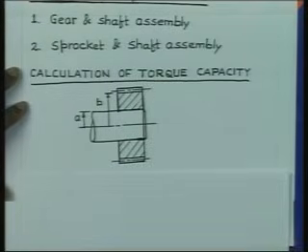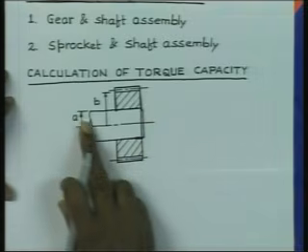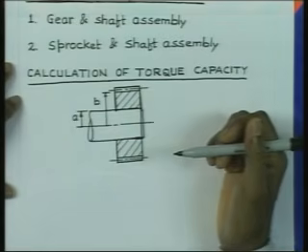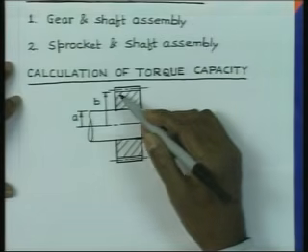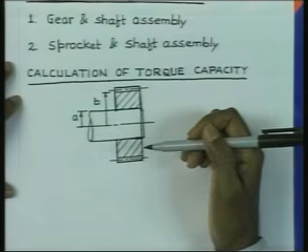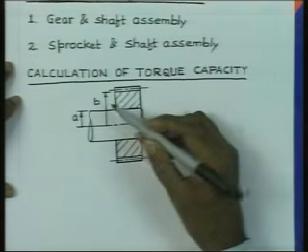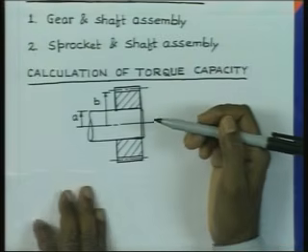So, how do you calculate the torque in this case? So, here imagine that this is the shaft with external radius A and the gear is of this dimension. We can imagine the gear to be of radius equal to the addendum radius, I am sorry, it should be dedendum radius, B should be equal to the dedendum radius.